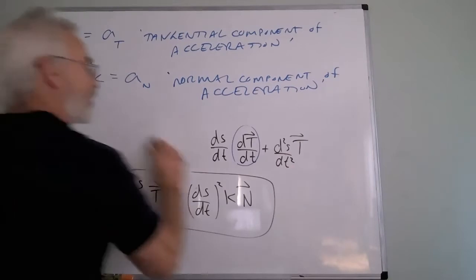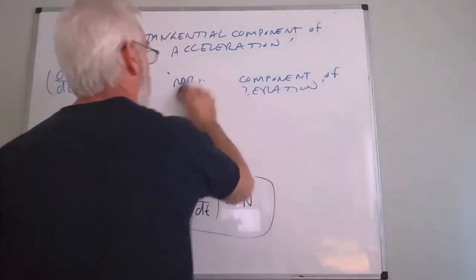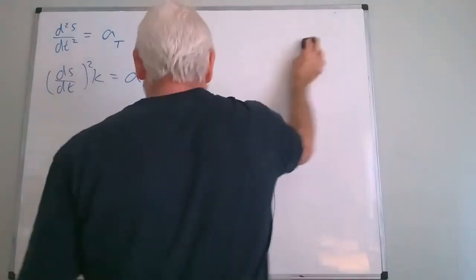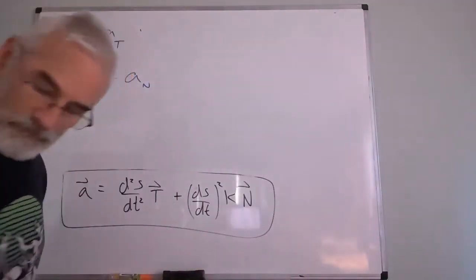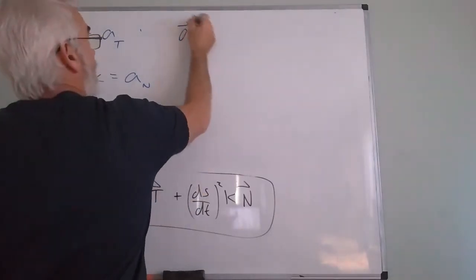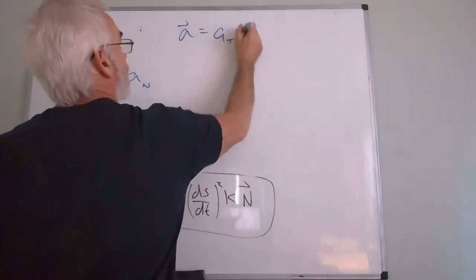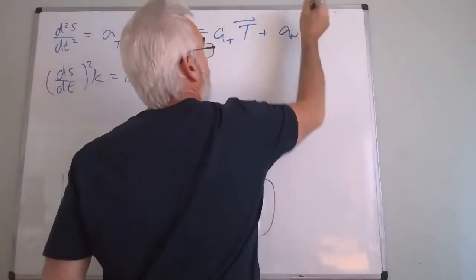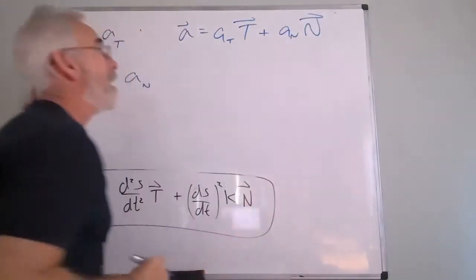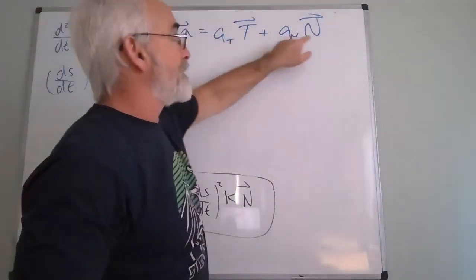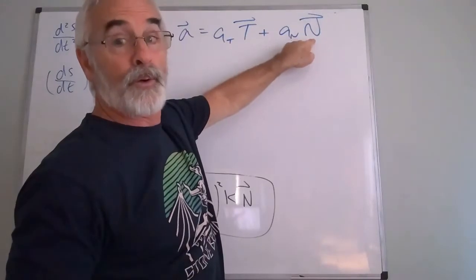Well, let's look at the first really handy identity. Erase this. Okay. Going back to this statement right here. A equals a_T T plus a_N N. Again, these are coefficients. I know that A is made up of a linear combination of these two vectors that are mutually orthogonal.